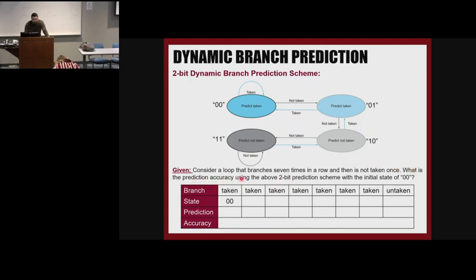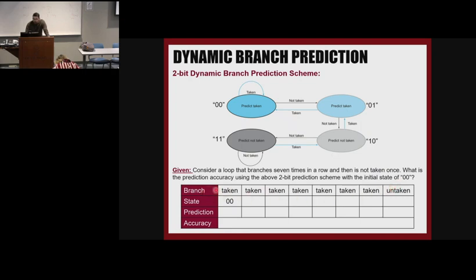So what is the prediction accuracy if you use the above 2-bit prediction scheme with the initial state of 0, 0? So we're at here. We want to see what would be the branch prediction accuracy.